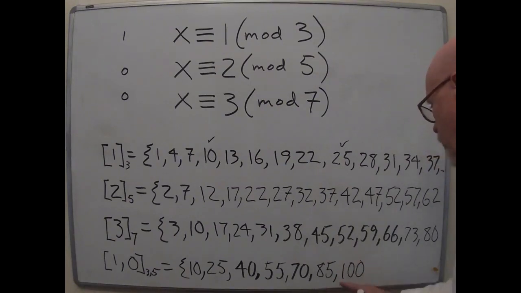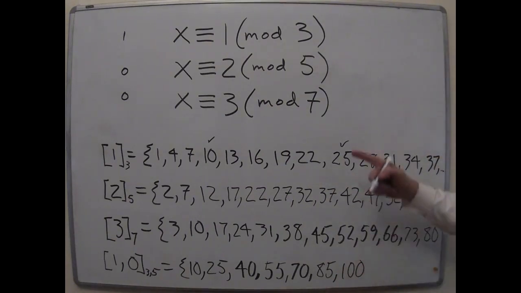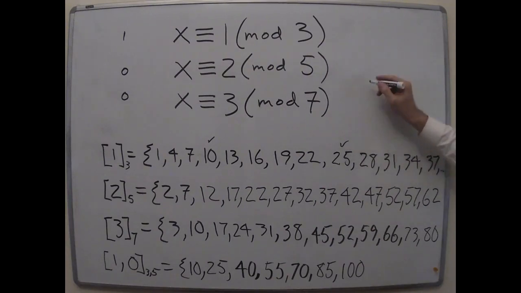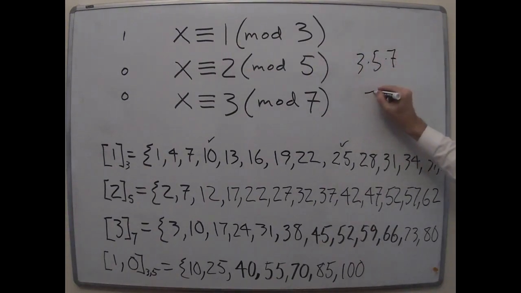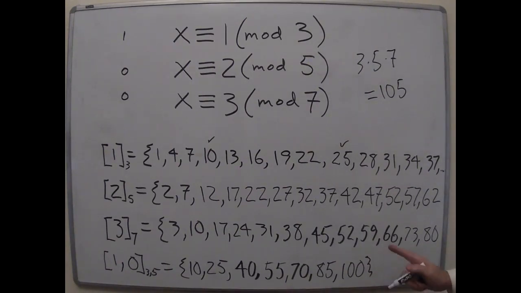And if we go any higher than that, we're bigger than the modulus that we're after, the product of these things. 3 times 5 times 7 is 35 times 3, 105. So can you spot the one thing in here that is also 0 mod 7?